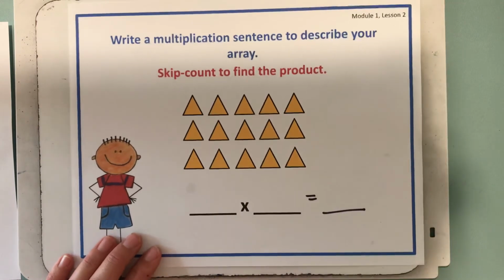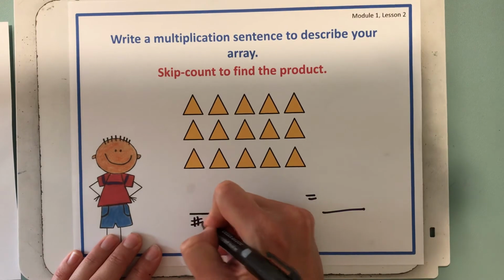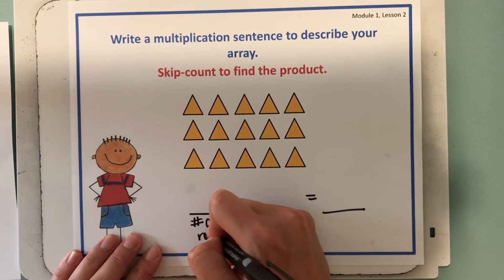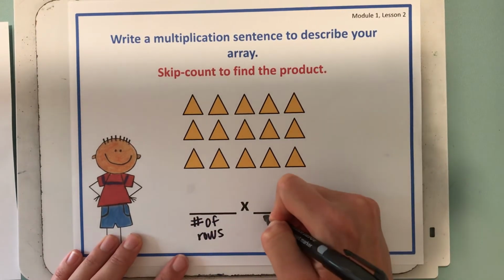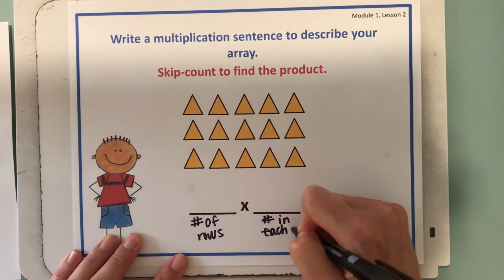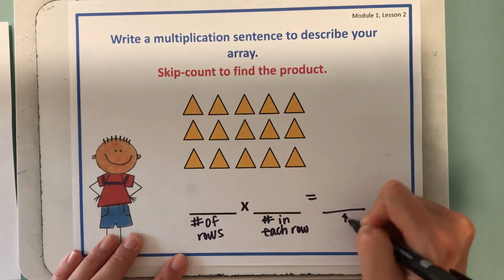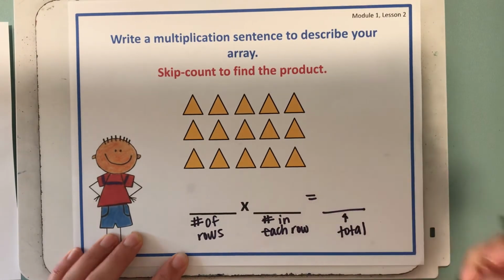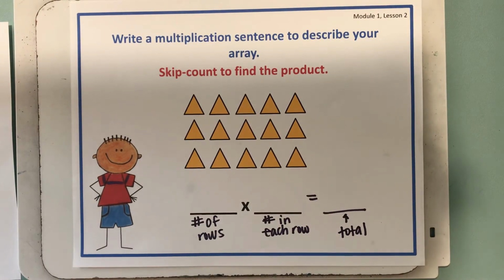And I want you to remember, this first one is number of rows, number in each row, and this last one is your total, or they also call it a product. So pause the video and see if you can come up with the answer to this one.